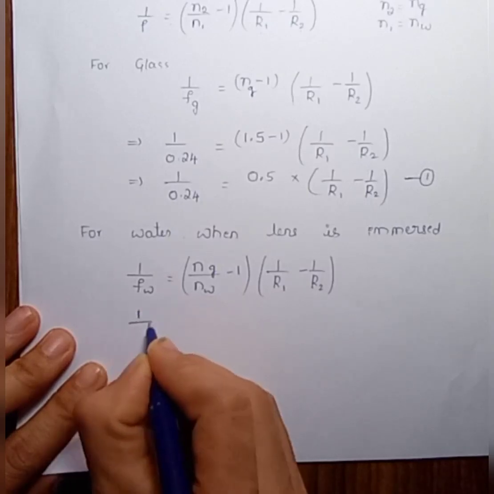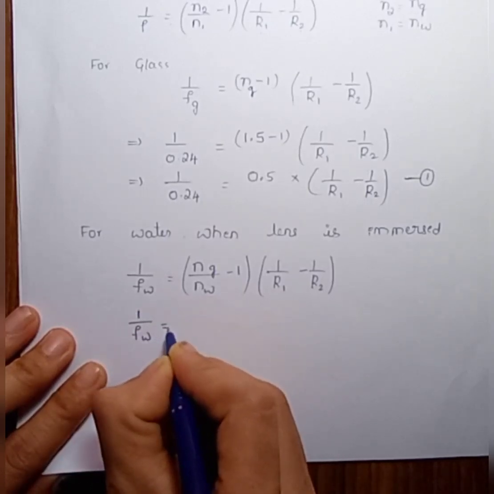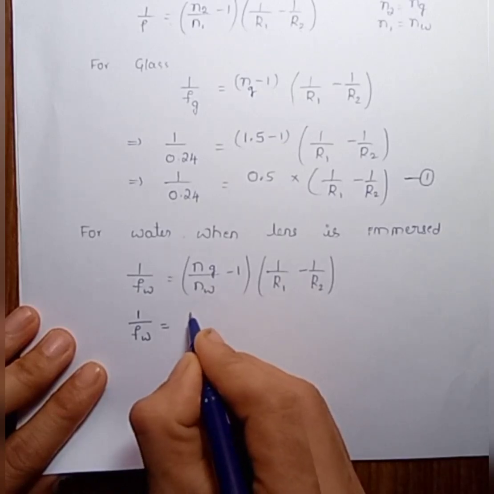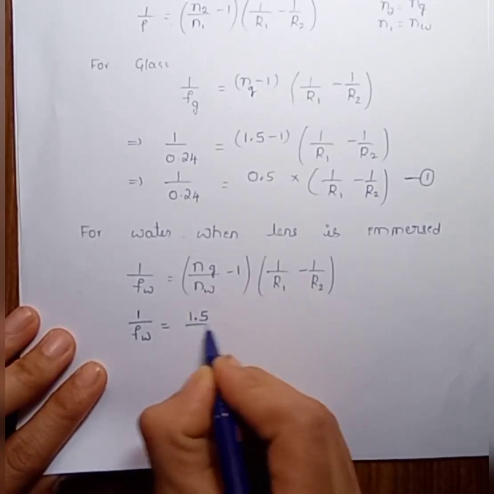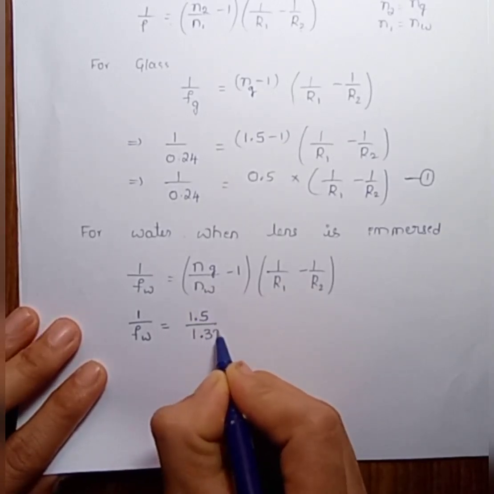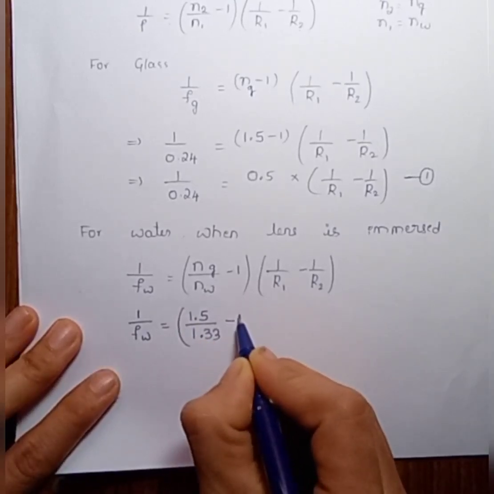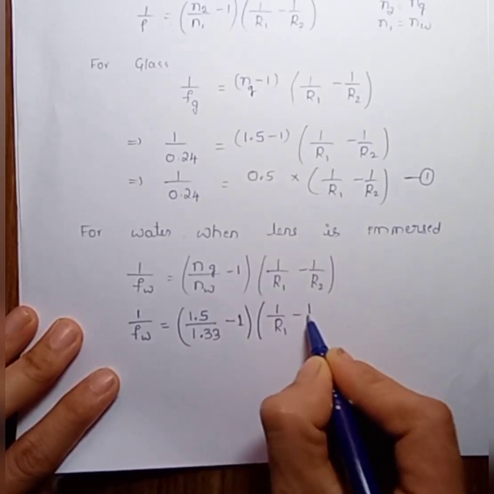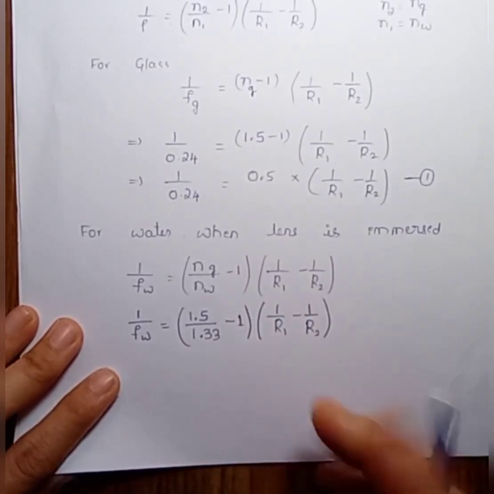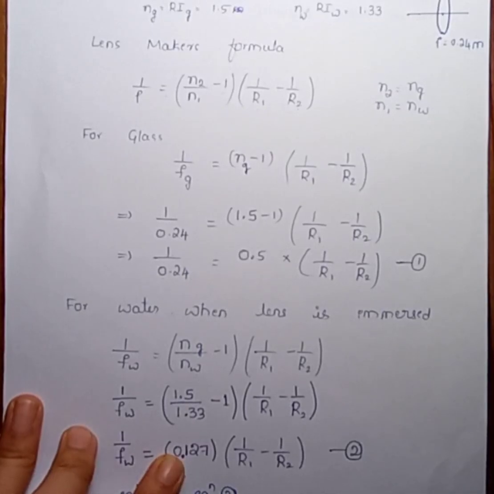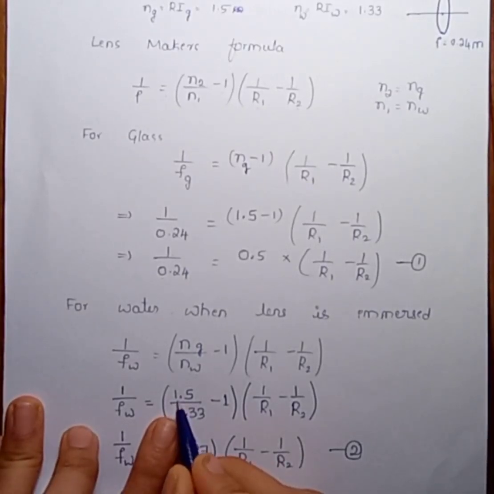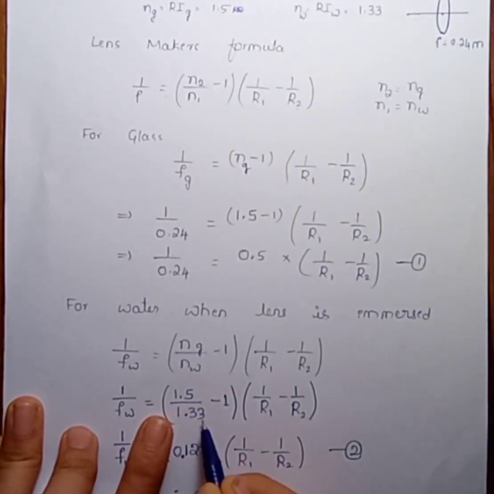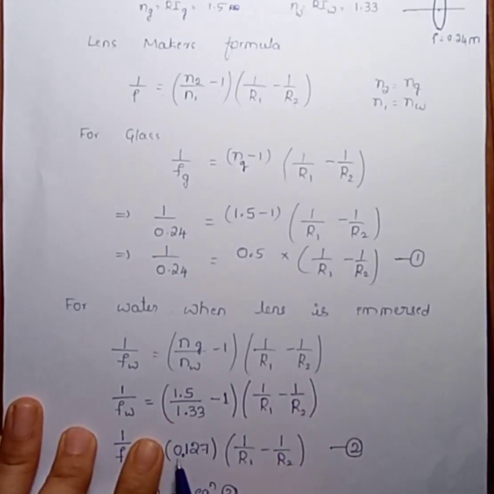So 1 by fw is equal to ng, that one is 1.5 divided by 1.33 minus 1 into 1 by r1 minus 1 by r2. Now 1.5 divided by 1.33 minus 1, the value gives 0.127 into 1 by r1 minus 1 by r2.